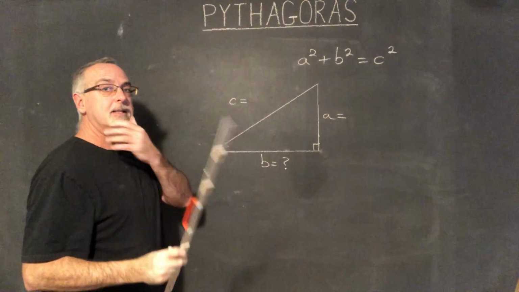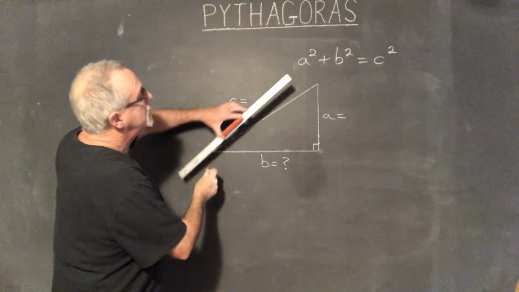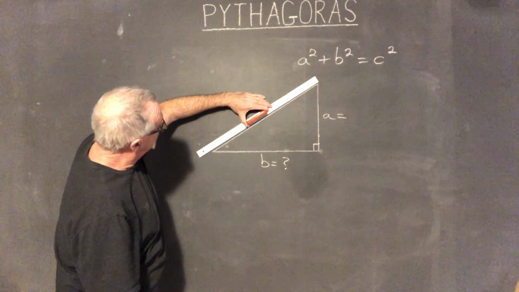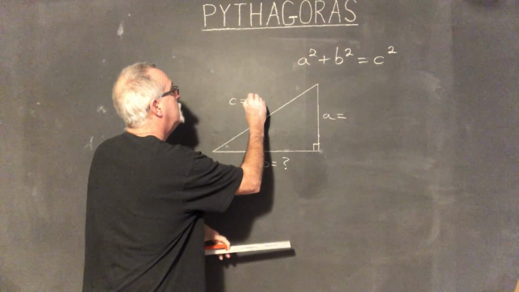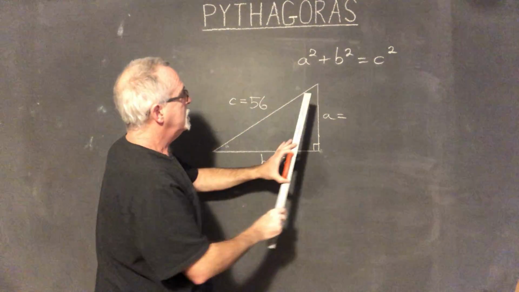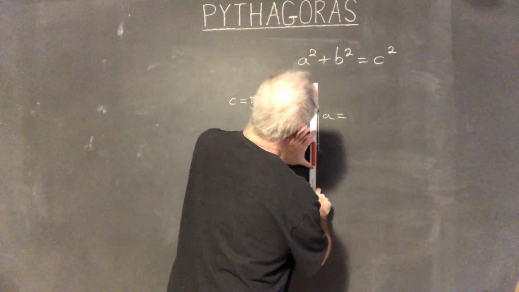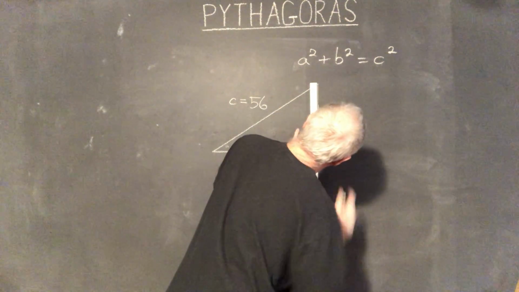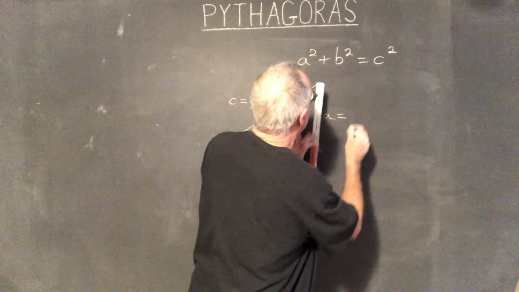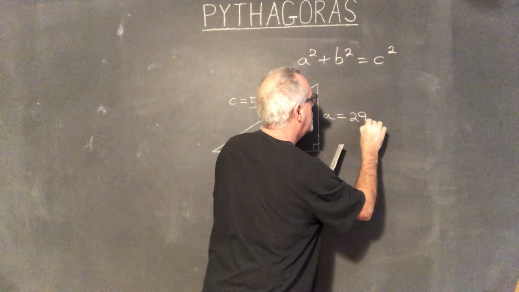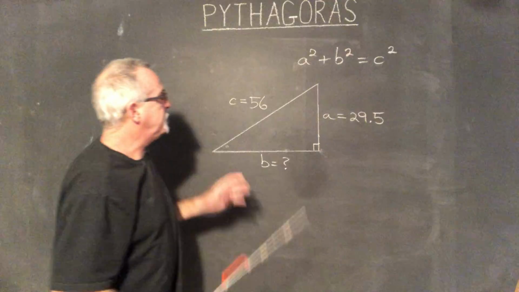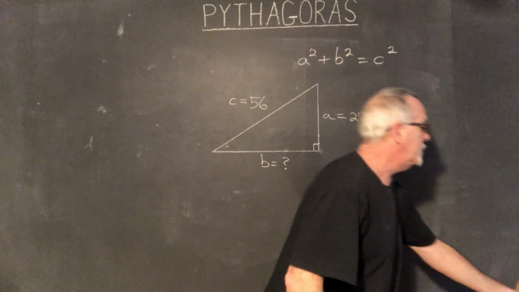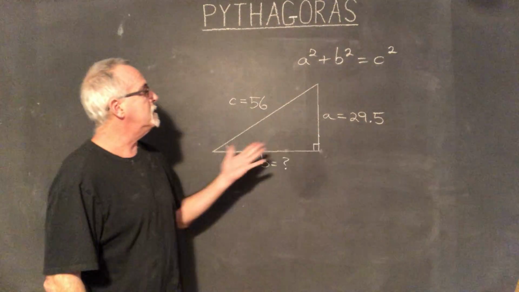Now, in centimeters, 56. In centimeters, oh good, this is giving me a 0.5, 24.5, is that a 24? No, 29.5. Okay, so I can find out what B is. I have a decimal in one of the sides I'm given.